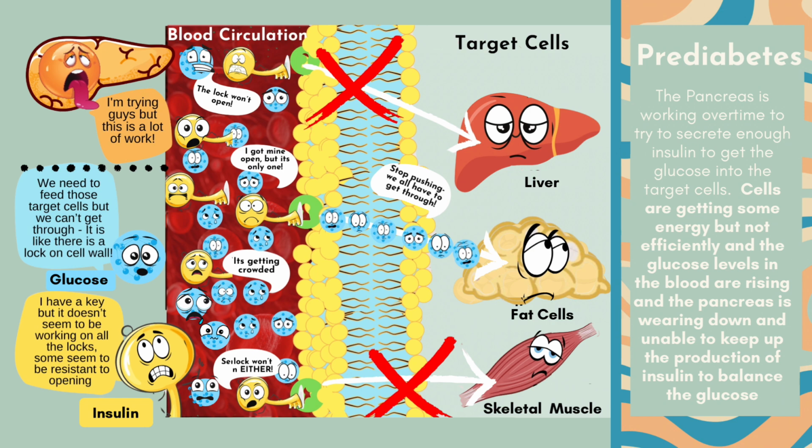There's just too many of those little keyholes. You can see they're just not opening for this little guy, and therefore glucose is starting to build up. We're not talking about enough glucose in the blood to be diabetic, but definitely too much and not a normal value. So at this point, the A1C is going to be above 5.6.